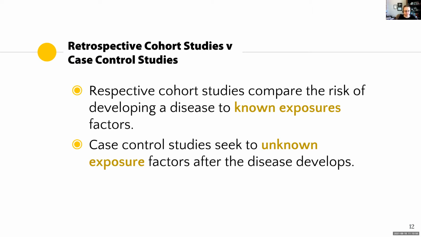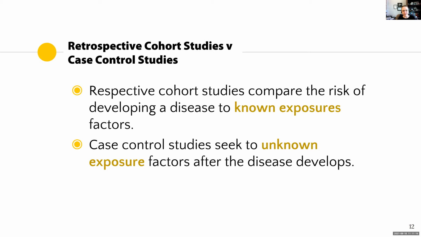Just, right, we're going to recap these because these trip up our students all the time. A retrospective cohort study is not the same thing as a case control study. And that's key, right? A retrospective cohort study compares the risk of developing a disease to known exposure factors. In a case control study, they don't know what the exposure was.